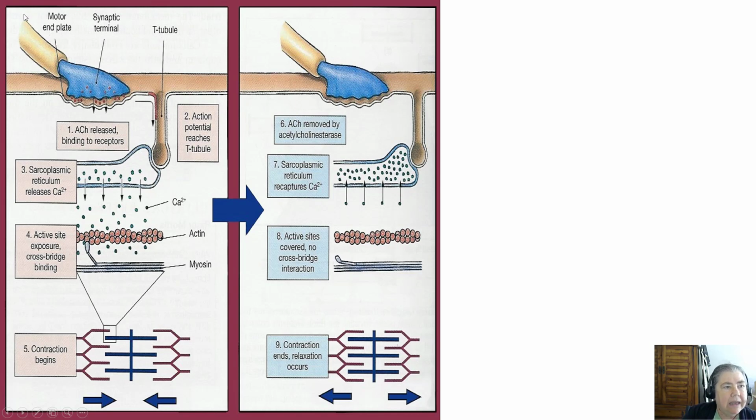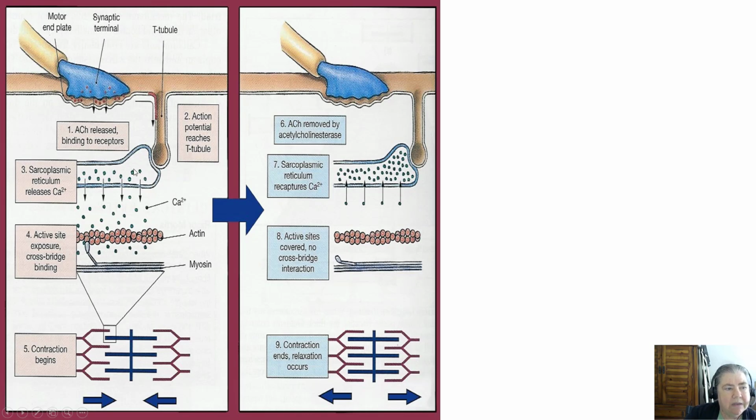So here we have an axon at the motor end plate. The axon synaptic terminal is releasing acetylcholine, which is binding to receptors. There are things called T-tubules, which allow the extracellular fluid to get into deeper contact with inner parts of the cell.